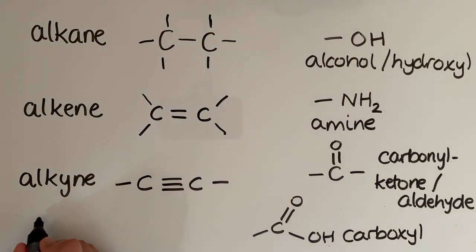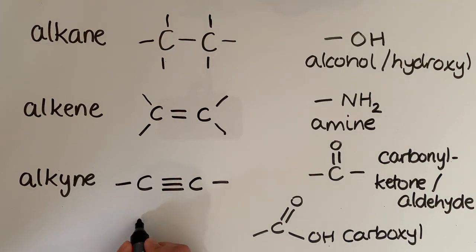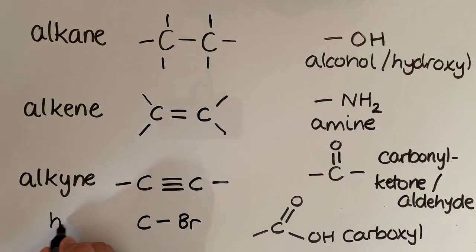Just to put some more in over here, if we ever see a carbon bonded to a halogen, that could be fluorine, chlorine, bromine, iodine. I'm just going to put in bromine here. So this is called a halo compound. Okay, so this is a halo compound.